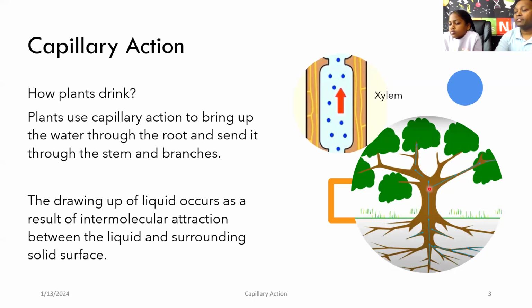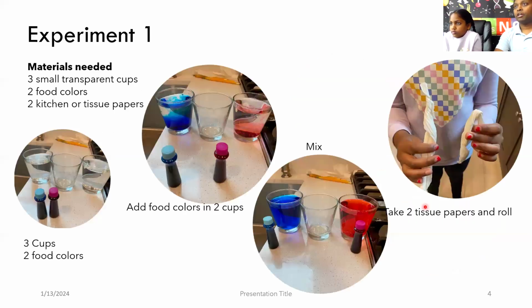Today we are going to see two different experiments related to capillary action, and we are sure that we are going to love them. For the first experiment, we need things that we typically use every day. We just need three small cups like this, plastic or glass, whatever you think is small.